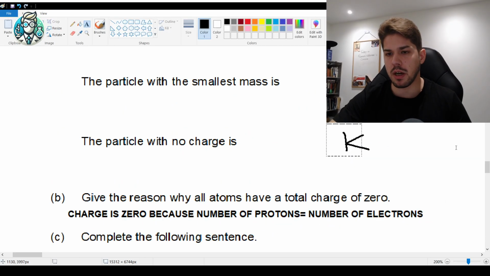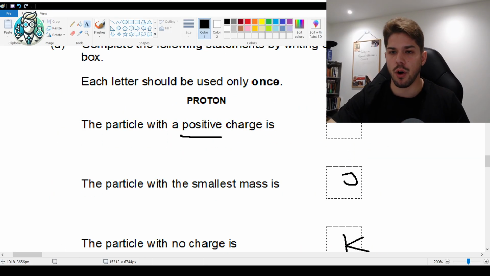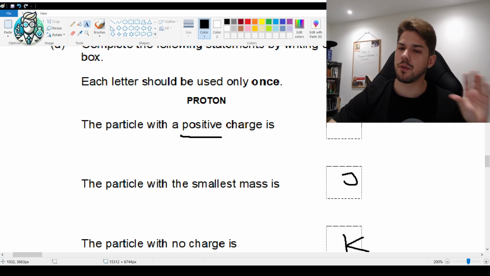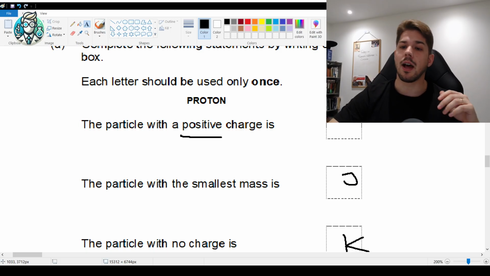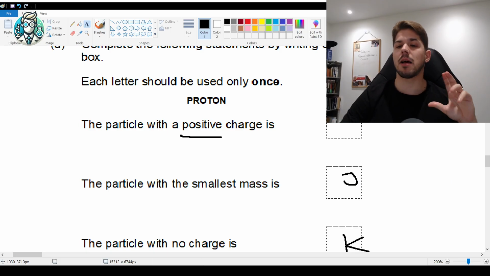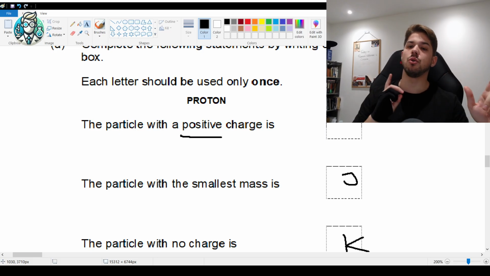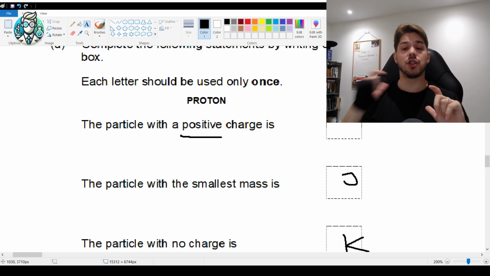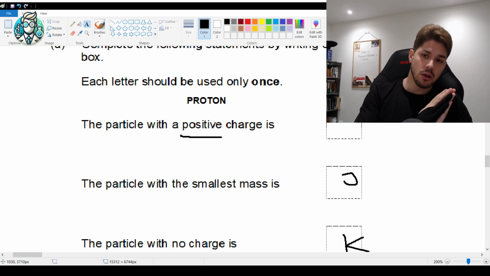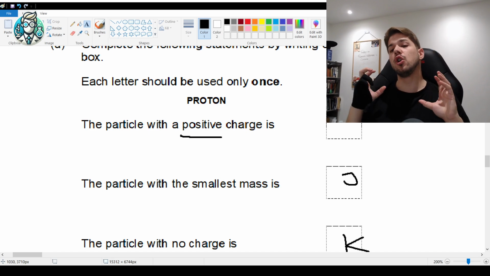So in beryllium, for example, 4 cannot change. You will always have beryllium 4 because 4 is the number of protons, and that cannot change. If you change that, you are changing the element. And 9 is the number of protons plus neutrons, and that one can change. You can change that by adding or removing neutrons.